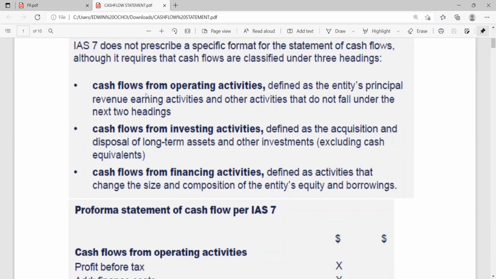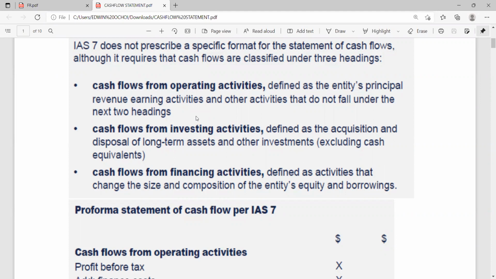In short, it involves cash flow based on the daily operations of the entity.